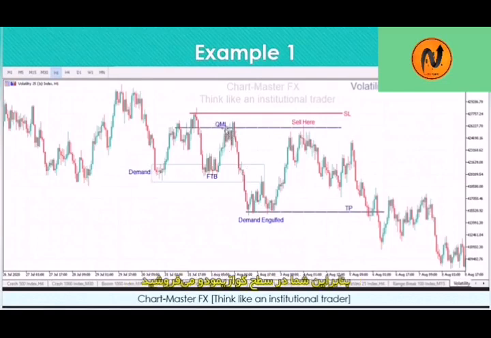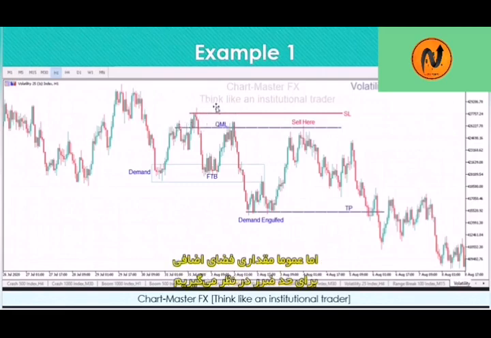So this is what happened to the price. You sell at the QM level, and maybe you put your stop loss just above the higher high here, or just to be safe, you can put your stop loss above this higher high if you are considering this Quasimodo level.